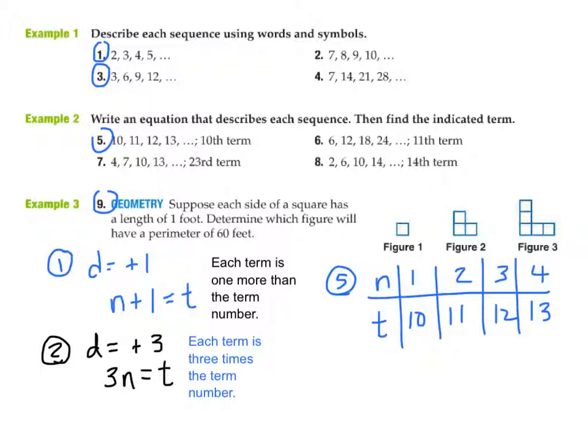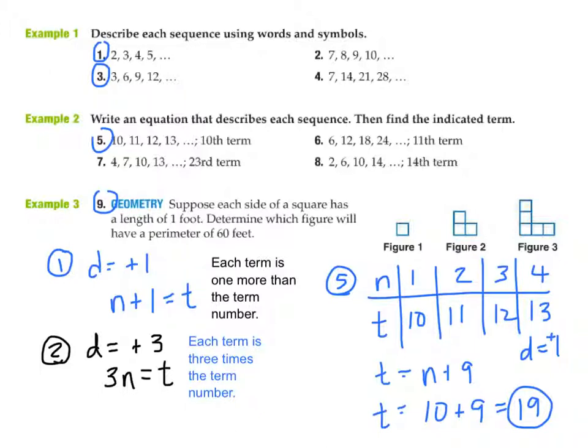My terms are increasing by 1. So their common difference is 1, and it's positive. And that means I'm not multiplying this time. So I am just adding. It's term number plus 9 equals the term, which means that finding the 10th term should be super easy. It's 10 plus 9, or 19.